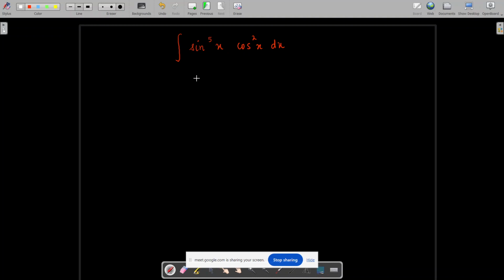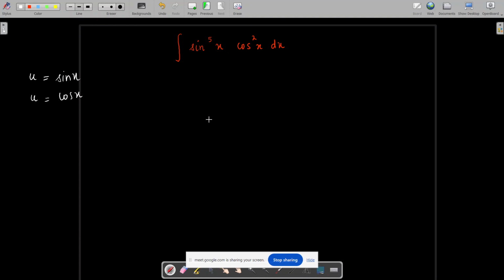Now, the tricky part is whether we should substitute sin x as my u, or should I substitute cosine x as my u? How will we decide that?